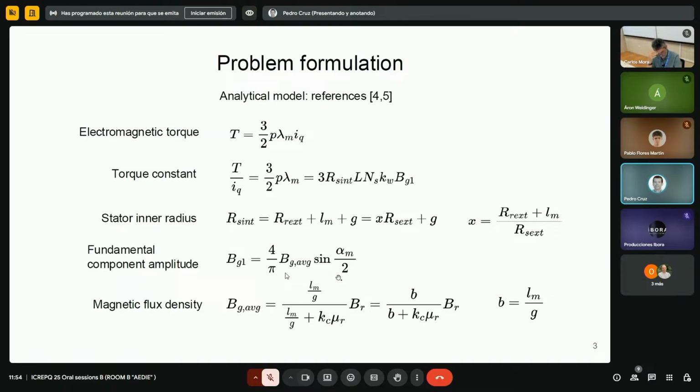So with the pole span angle and the distribution of magnetic field, we obtain the amplitude of the fundamental component of the air gap field. And the distribution of magnetic field in the air gap is also a function of the remanence of the magnetization curve, and also of another parameter B that is a non-dimensional parameter, and is defined as the thickness of the magnet divided by the air gap.